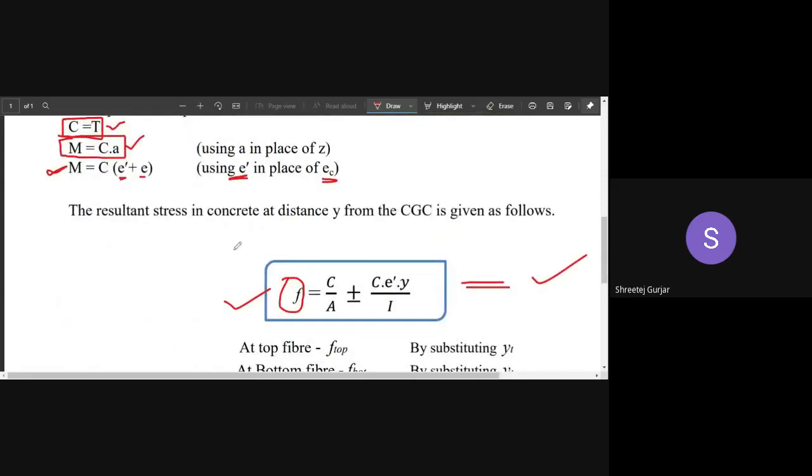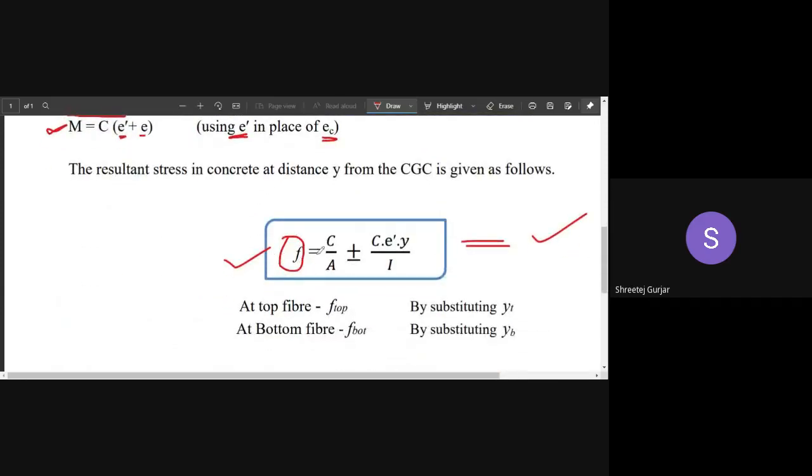So the resultant stress in concrete, this formula, is C by A. Substituting C, we substitute P over here, the value of P, that is the pre-stressing force, which is given in your example.